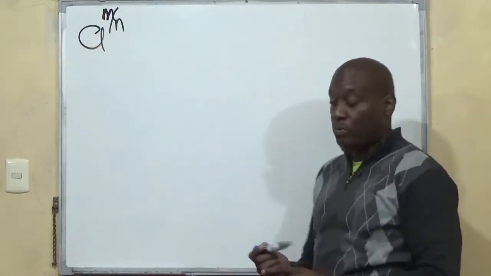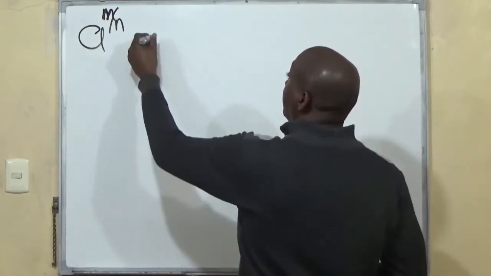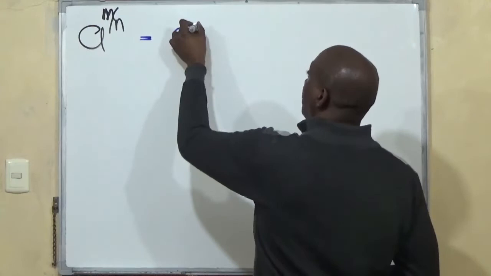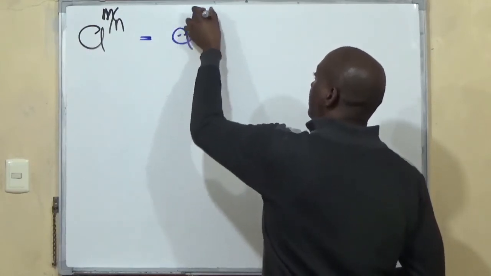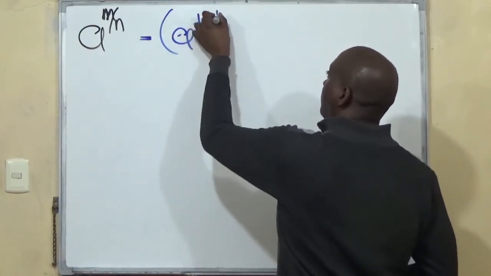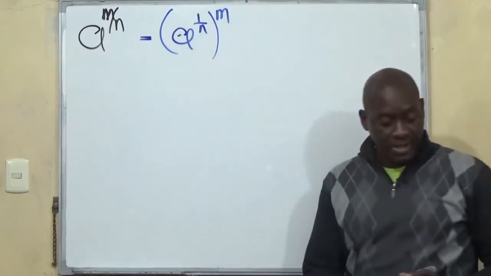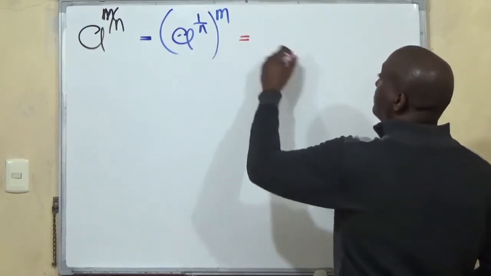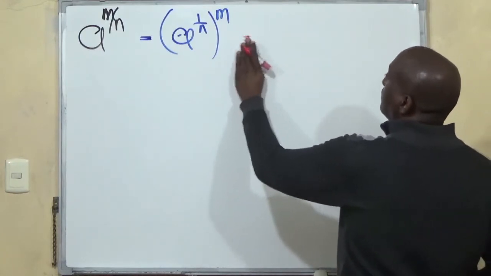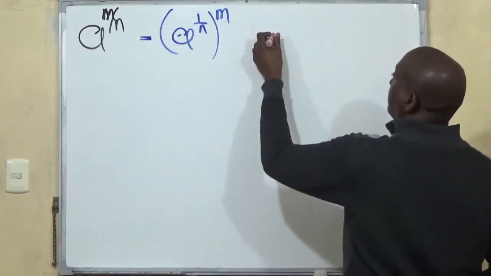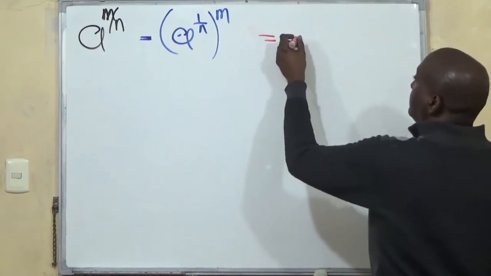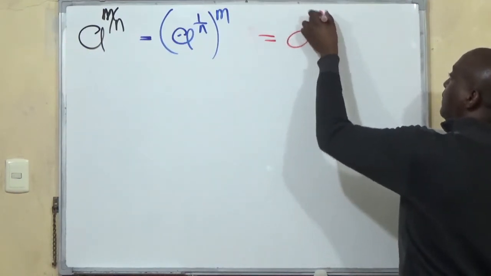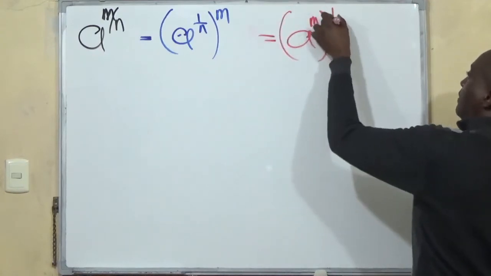And then in blue, we say that that is equal to a to the power of 1 over n all to the power of m. And then in red, we're saying that that is also equal to, let me come down a little bit, a to the power of m to the power of 1 over n.